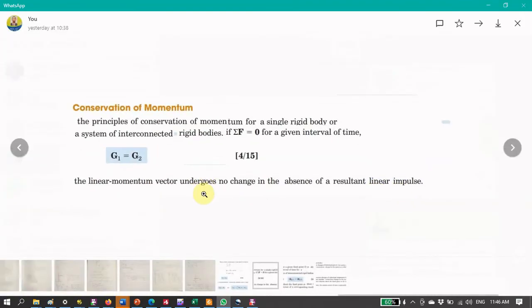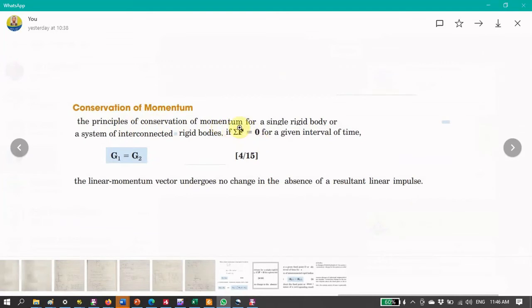Now we can look at the conservation of momentum for the rigid body. It says here the principle of conservation of angular momentum for a single body or a rigid body that is connected.